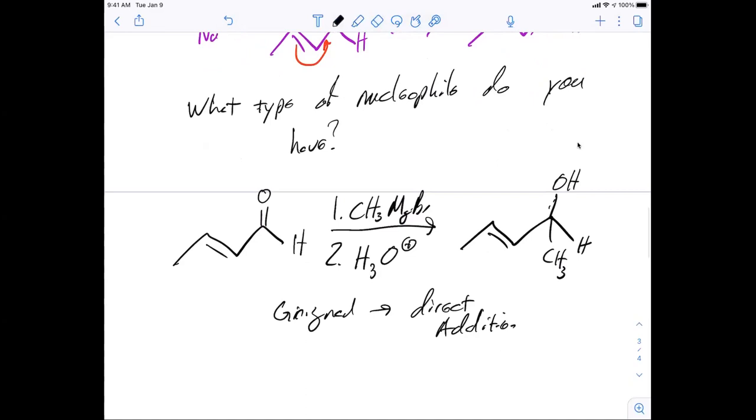And the direct addition can also sometimes be referred to as the 1,2 addition, right? Similar to what we saw in conjugated dienes.